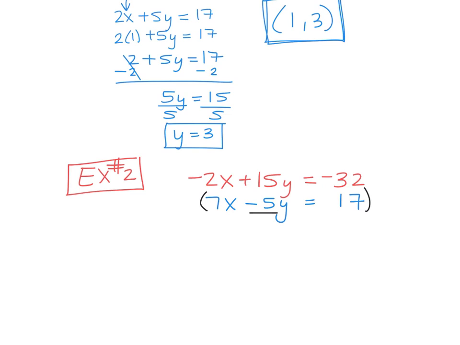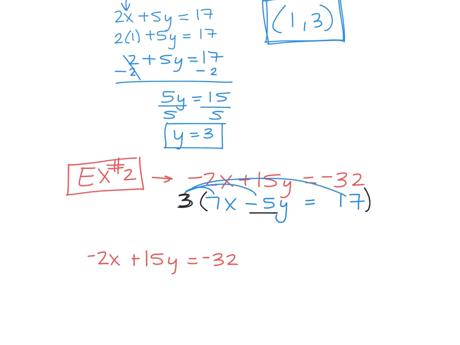But when you do this, you multiply everything by 3. This is kind of like the distributive property. I'm multiplying every part of this equation by 3. Before we do that, I'm just going to rewrite this: negative 2x plus 15y equals negative 32, so that we can write this multiplied version right below it.